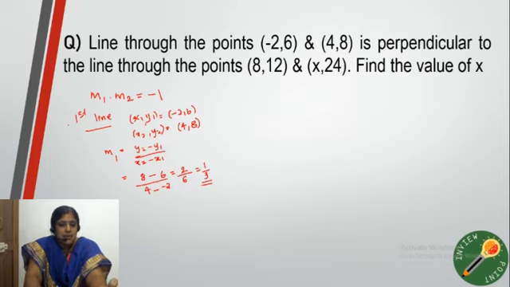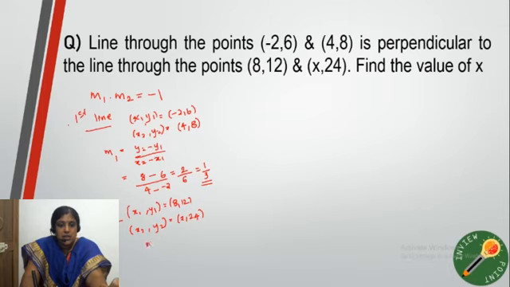Now find the slope of the second line. Here, the coordinates of the 2 points are x1, y1 equal to 8, 12 and x2, y2 equal to x, 24, right?